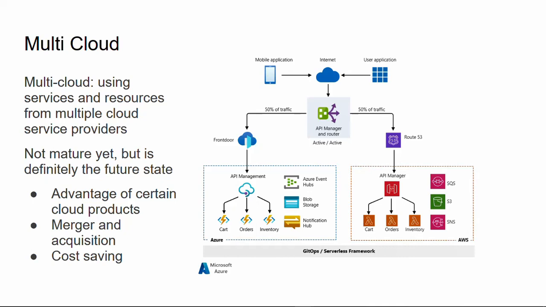With public, private, and hybrid, there also comes the idea of multi-cloud. Multi-cloud is basically using services and resources from multiple cloud service providers, namely AWS, Azure, and GCP. This multi-cloud approach is not mature at this point, but I believe it will definitely be the future, because every company will find some kind of advantage in one of the clouds.